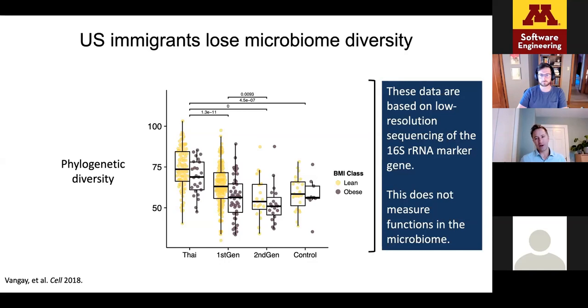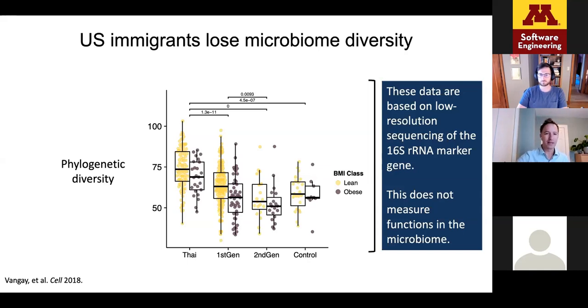It turns out all these, and this is where we'll get into some of the more computational stuff, all of these data were collected with this very low resolution approach where we just sequence one marker gene. It's cheap, but it doesn't really help tell you what's going on functionally.